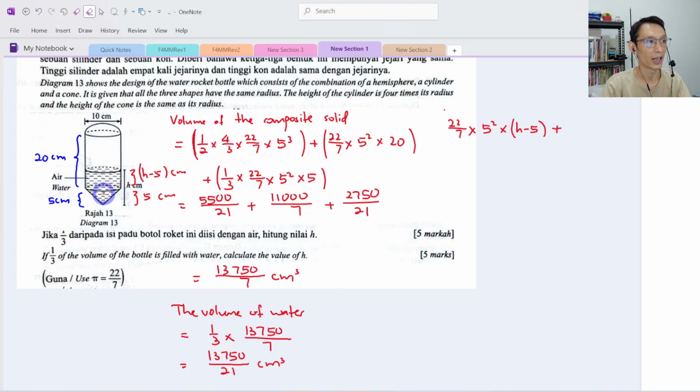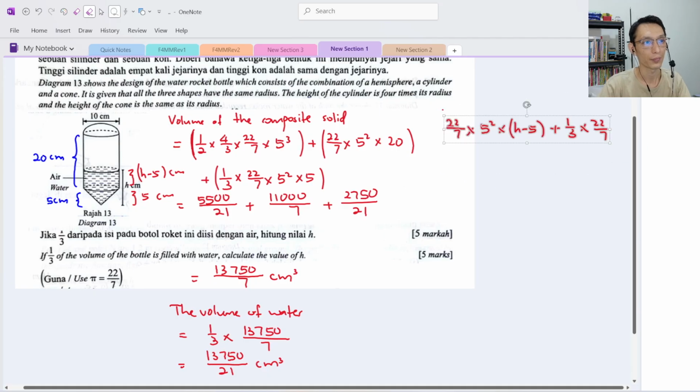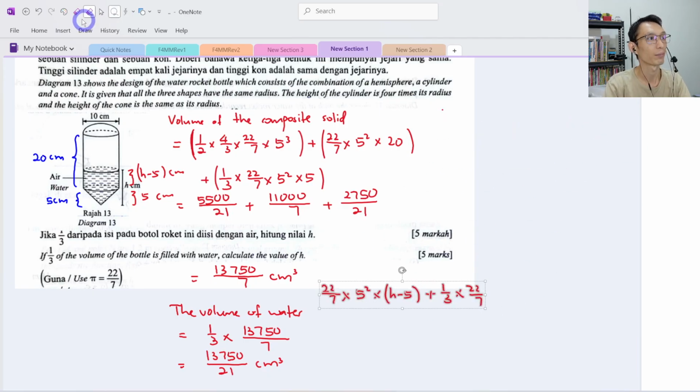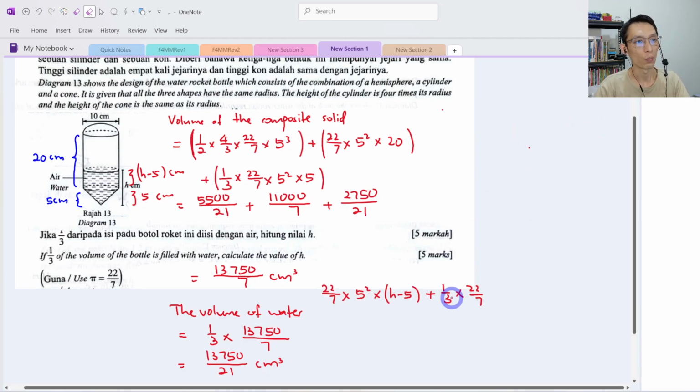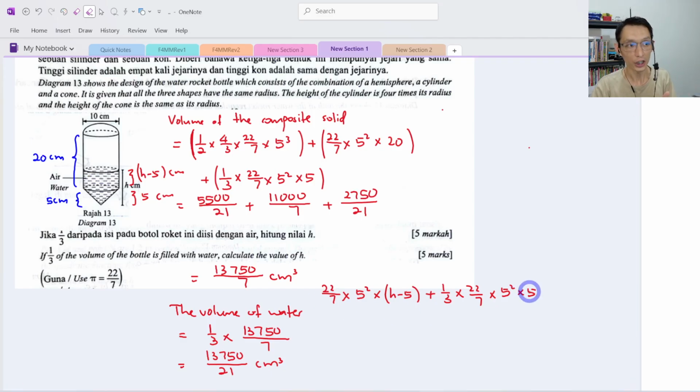Plus the volume of the cone, 1 over 3 pi r square height. Okay, this is equal to this, 13750 over 21, right?